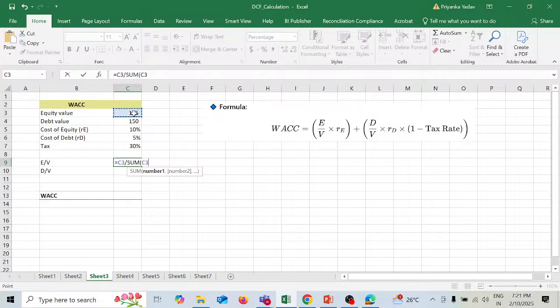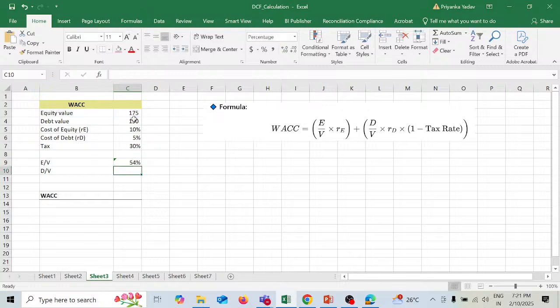V is the sum of equity and debt. That means equity value and add debt value to it. So this is your E by V calculation, your first aspect in this formula. Second, let's calculate D by V, which is debt value divided by the total firm's value. Total firm value will be equity value plus debt value.